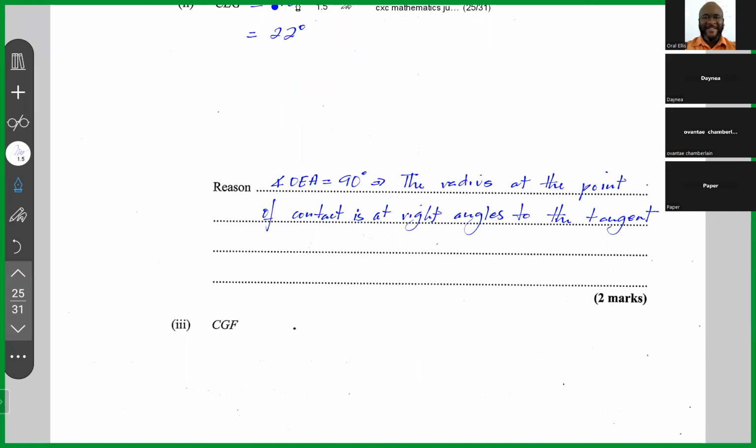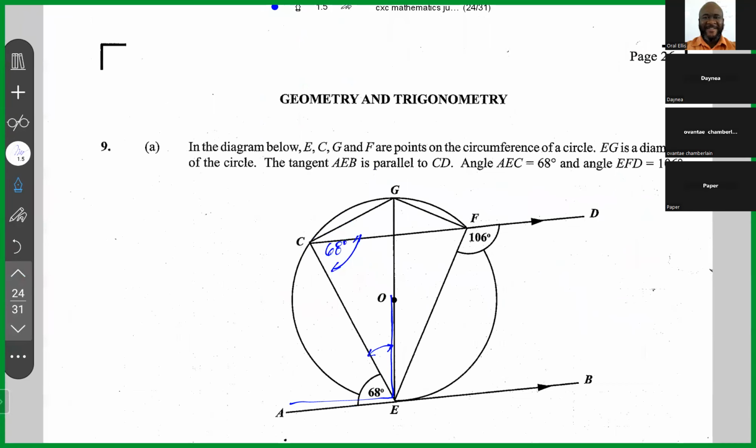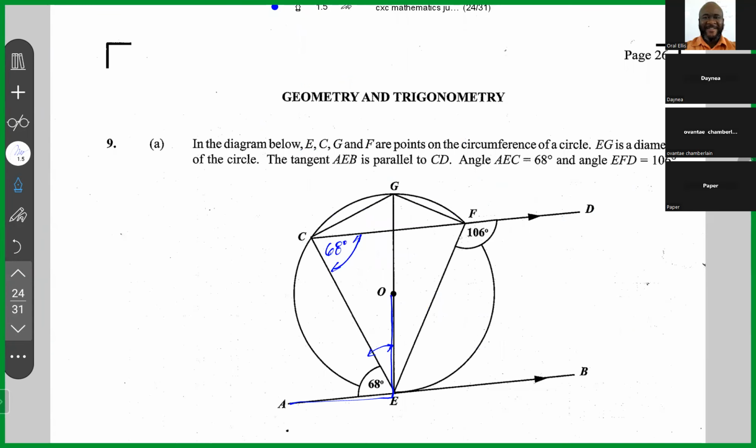The next thing we want is angle CGF. Angle CGF, we need this angle here. All right, I know how to find that. The quickest way I can think of finding that is to find this entire angle here.